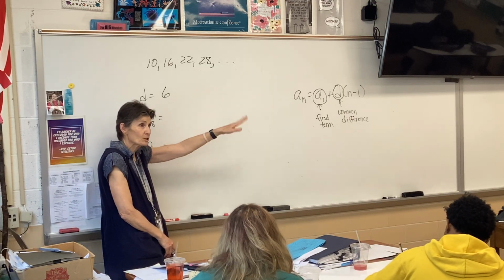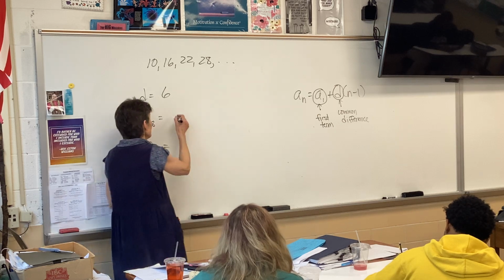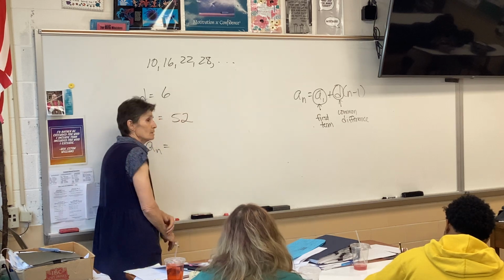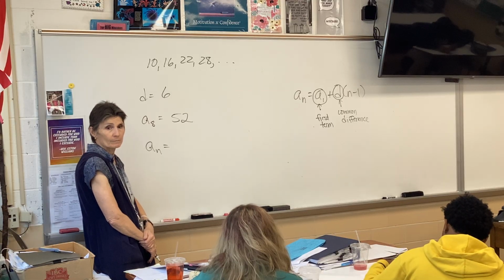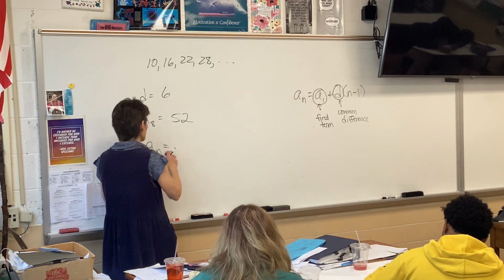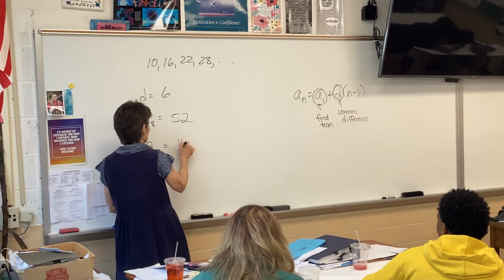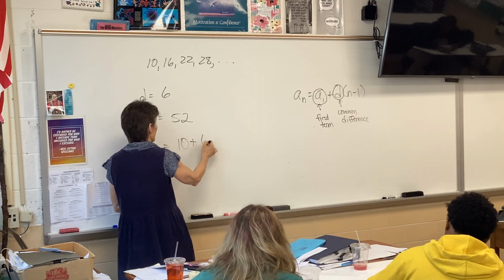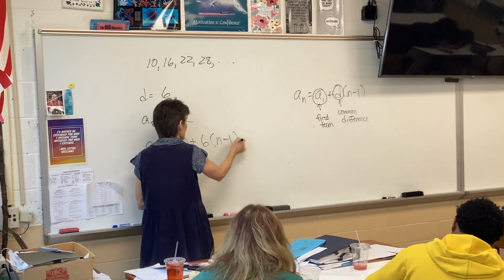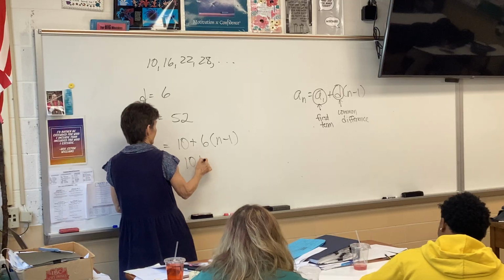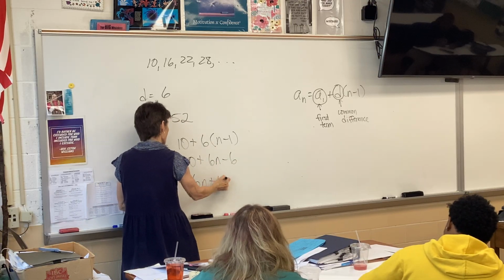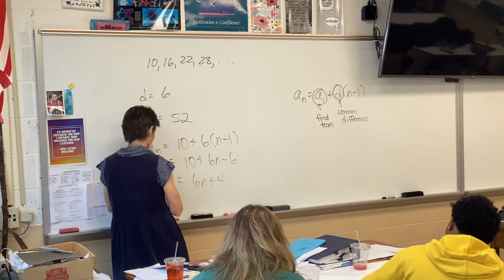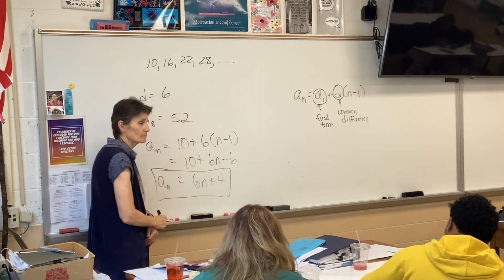What did you get out there? 52. Okay. Seems reasonable. 6n plus 4. And then this will be 10 plus 6 times n minus 1. 6n plus 4, is that what you said, Maria? Yeah. I think you're right.